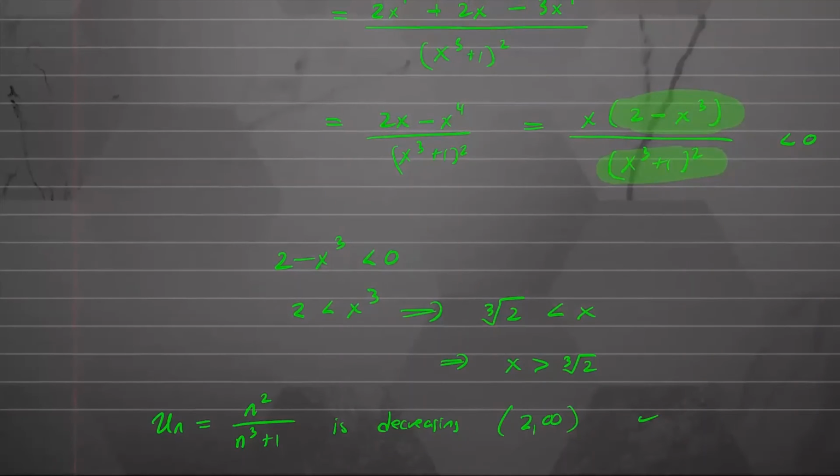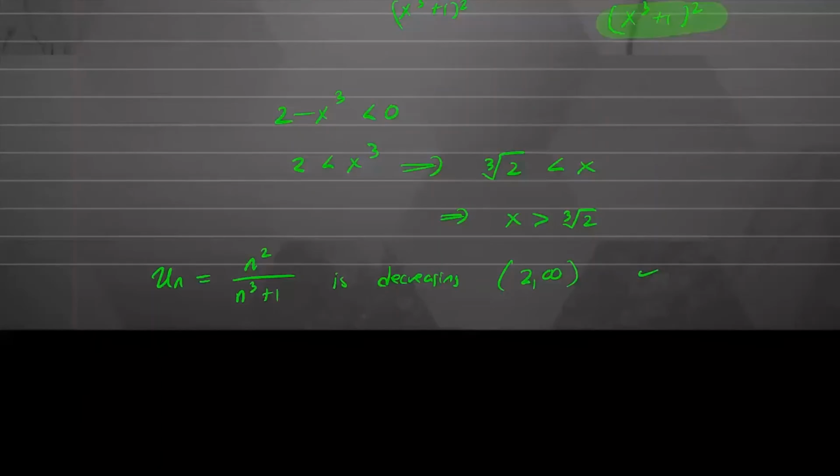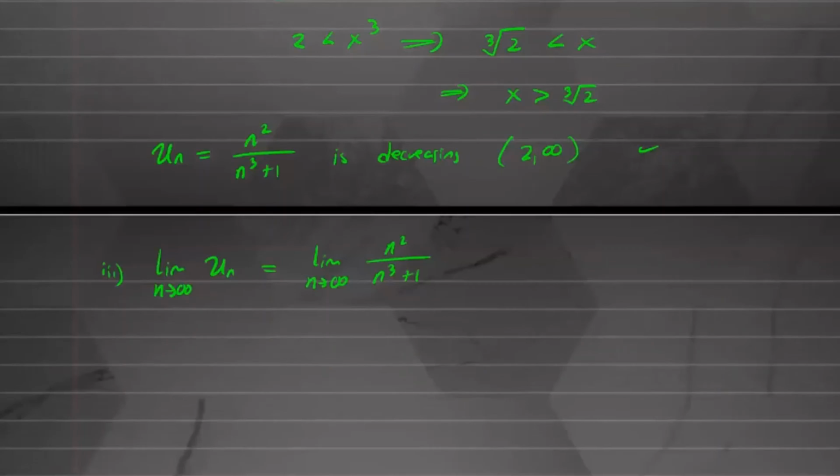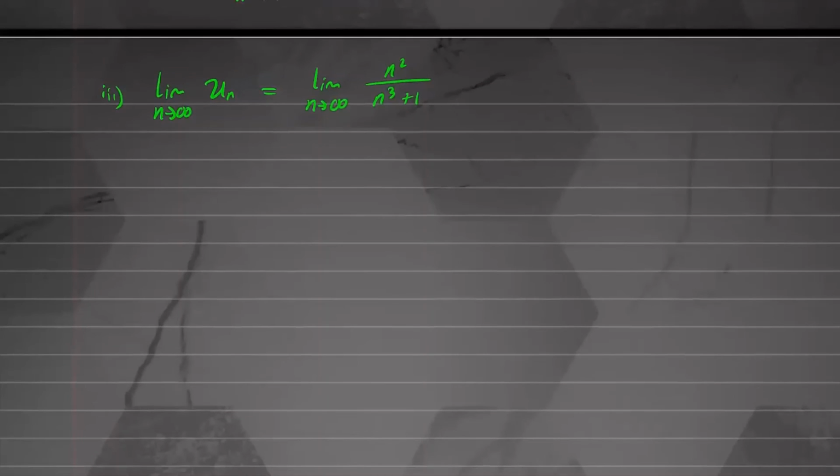It's also decreasing. Now the last condition we need to check is the limit. So the third condition: we want to see the limit as n approaches infinity of u_n. This would be the limit as n approaches infinity of n squared over n cubed plus 1. So that's the formula. Now again, we do the same thing. We divide everything by the highest power in the denominator.